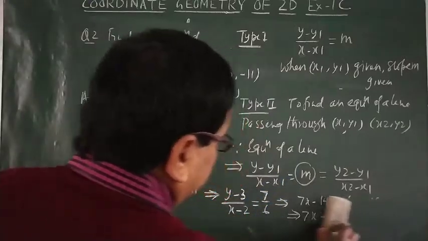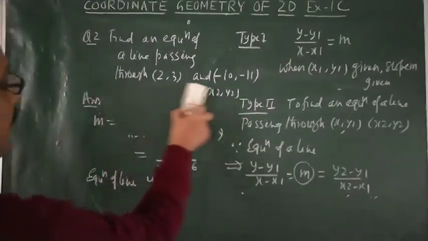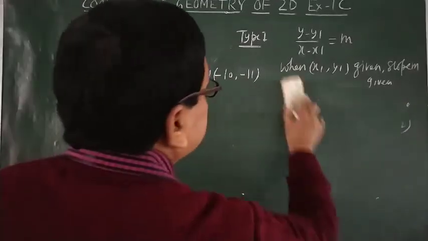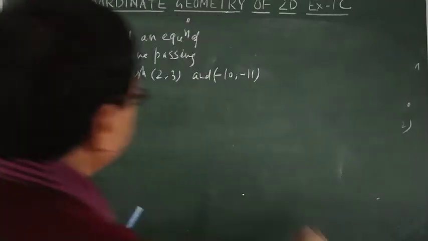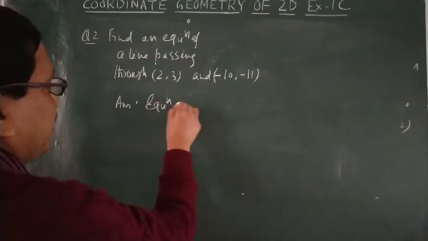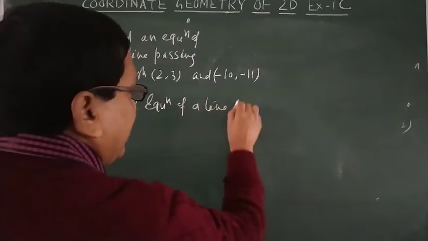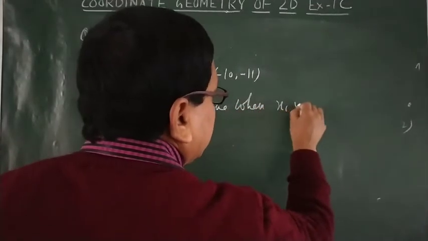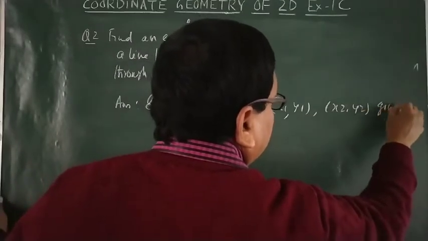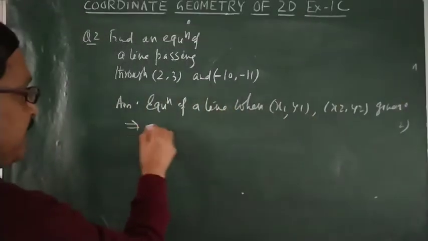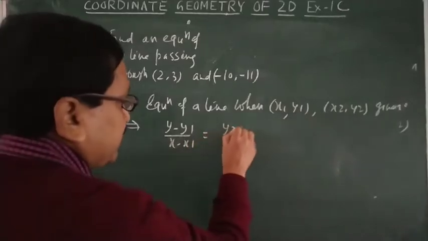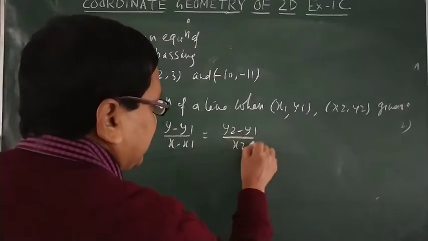You can also do it by type 2 directly, passing through these points, using the 2 points form. Equation of a line when (x1, y1) and (x2, y2) are given: (y minus y1) by (x minus x1) is equal to (y2 minus y1) by (x2 minus x1).